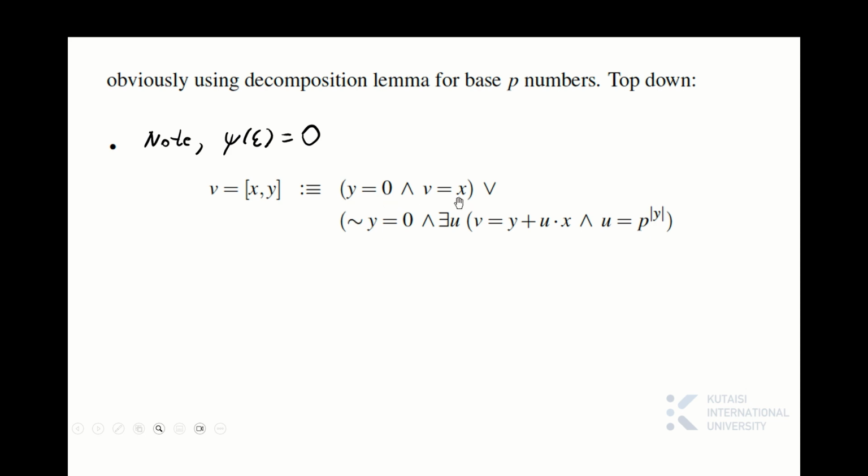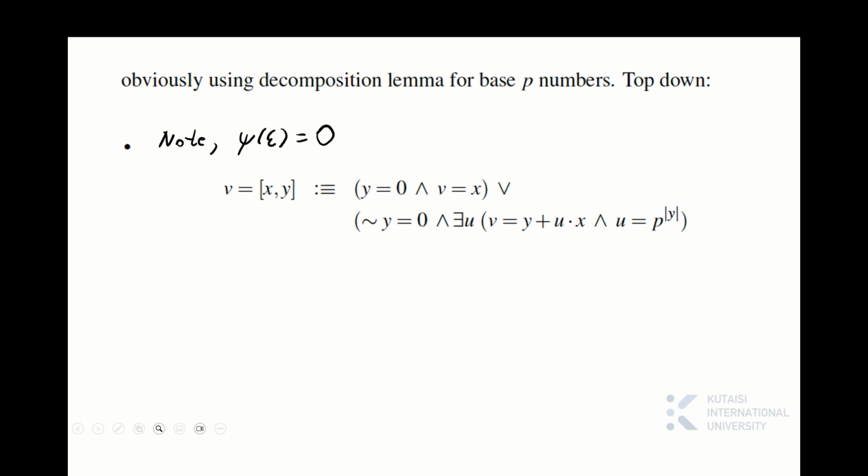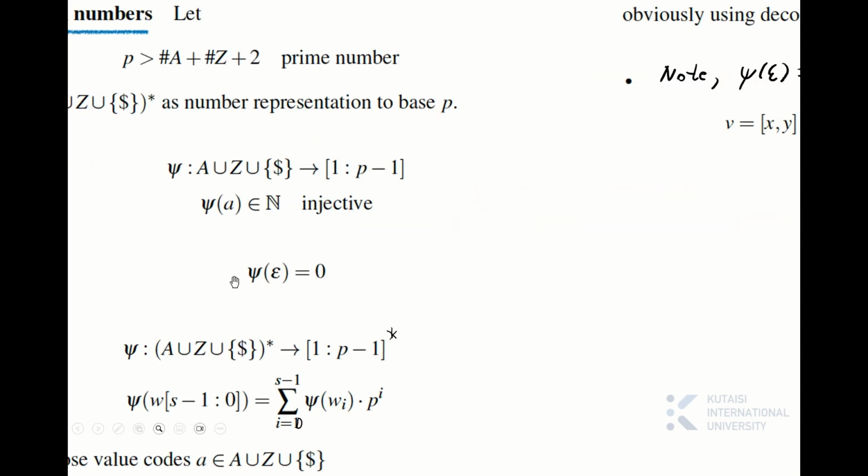But what about this one? What does this mean? Exactly. If the second guy does not exist, what is the psi of... So second guy does not exist means that y is epsilon, right? Remember I said that psi of epsilon is 0.